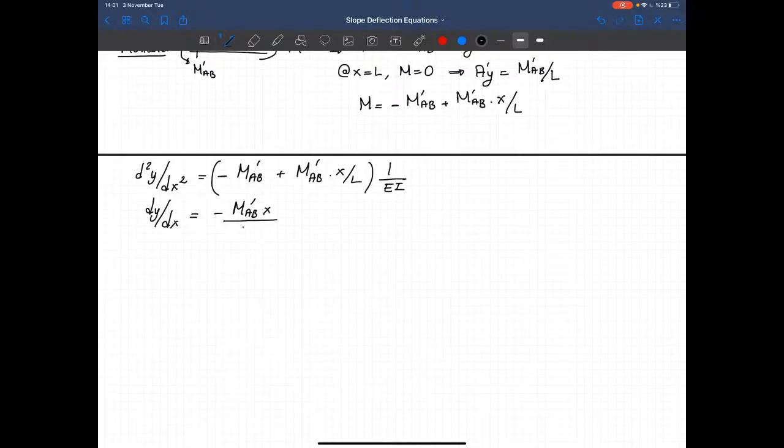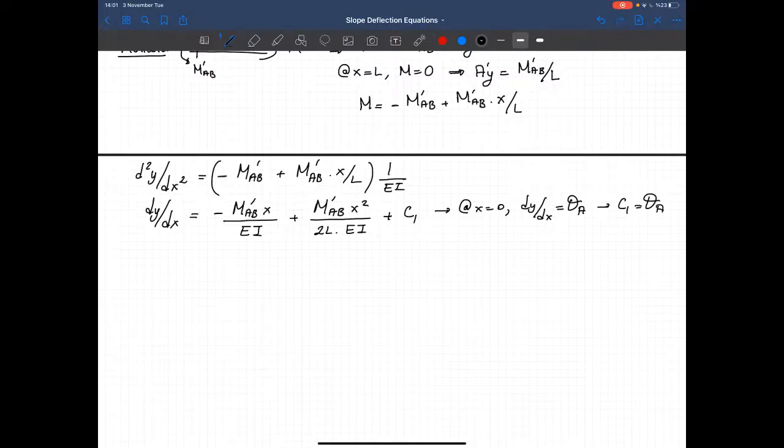Okay, x divided by EI plus MAB prime x squared divided by 2 times L times EI plus C1. So at x is equal to 0, dy over dx is equal to theta A. So we say that C1 is equal to theta A. Okay.